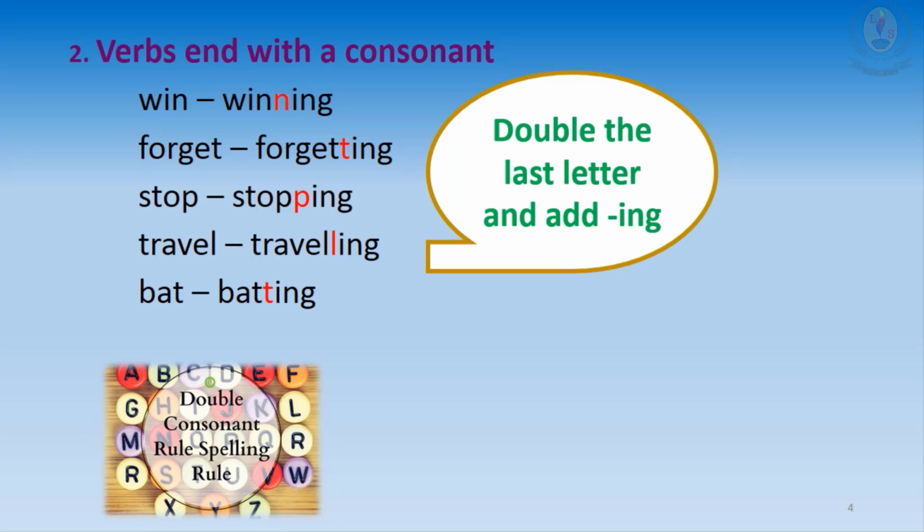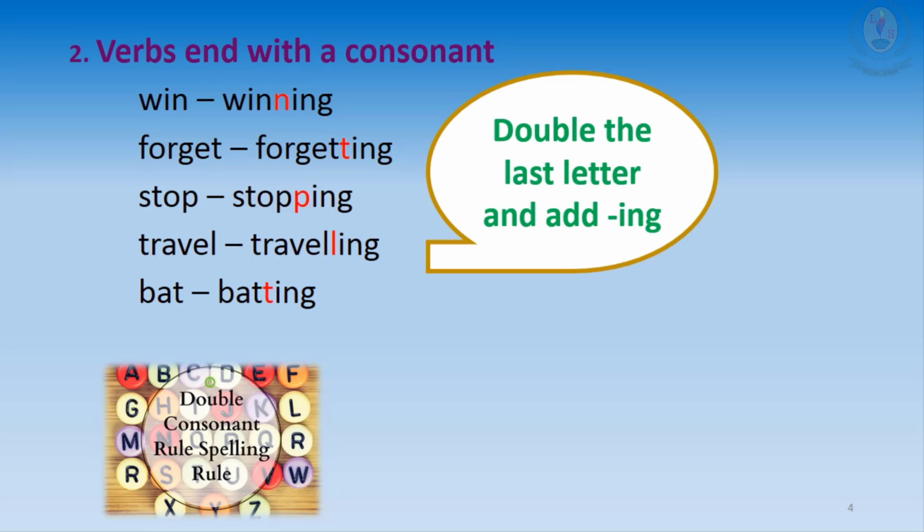Now in the first one, win, winning, we need to double the last n and we can add ing. Forget, forgetting, double t plus ing. So when we add ing for monosyllabic words, it means these types of verbs, we get only a single vowel sound with the consonant letter.